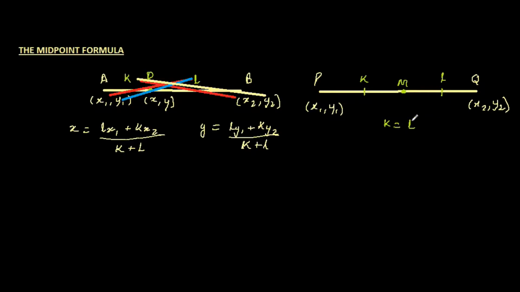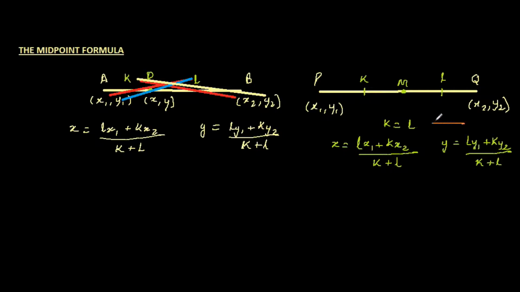Now if that is the case, let us find out the x coordinate of the point M. The x coordinate would be again (l x1 plus k x2) over (k plus l), and the y coordinate would be (l y1 plus k y2) over (k plus l).